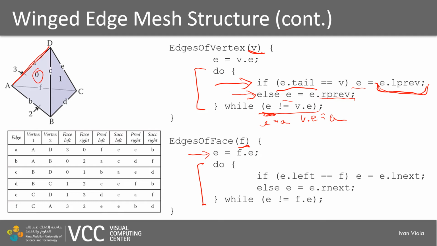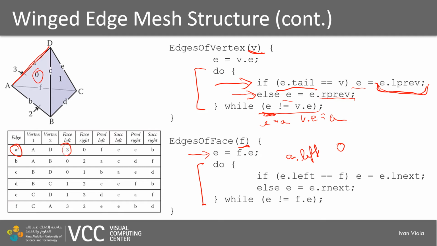So if E left is equal to our face, so if A dot left is 0, let's have a look. A's left face is not 0, therefore we go to the else.